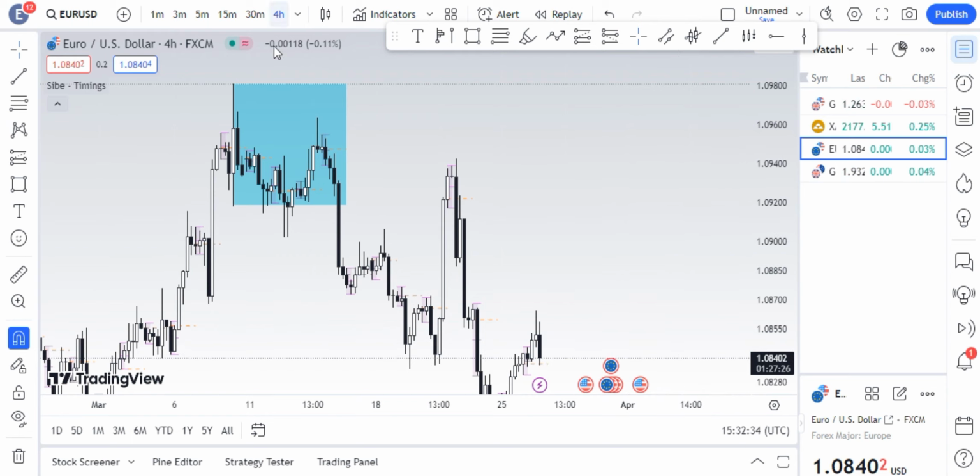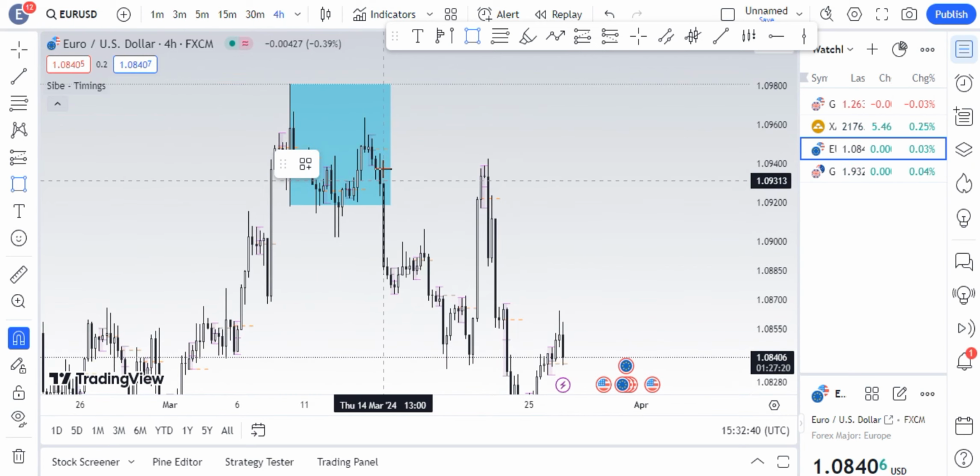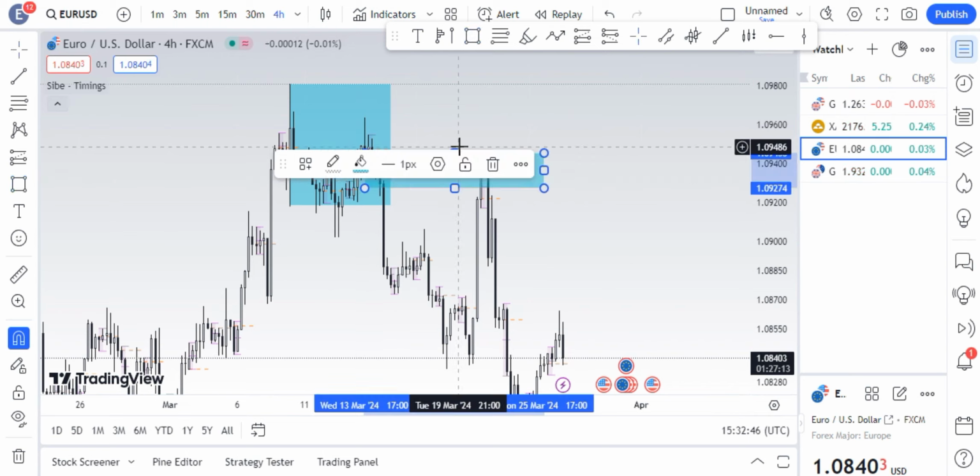So this is one that we can see. Another order block that we can see is the last upward candle before a downward push. So this was the push down, so this was going to be our last upward candle, this one.